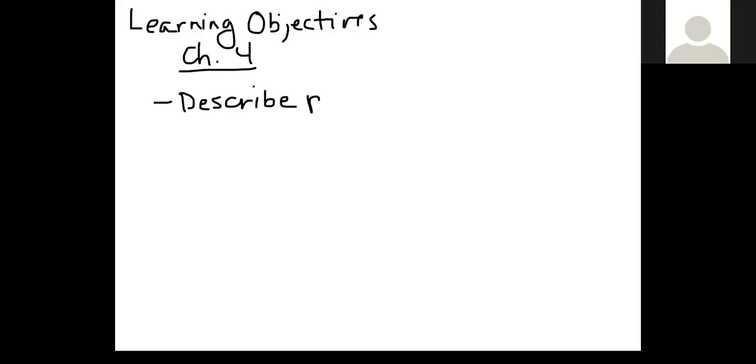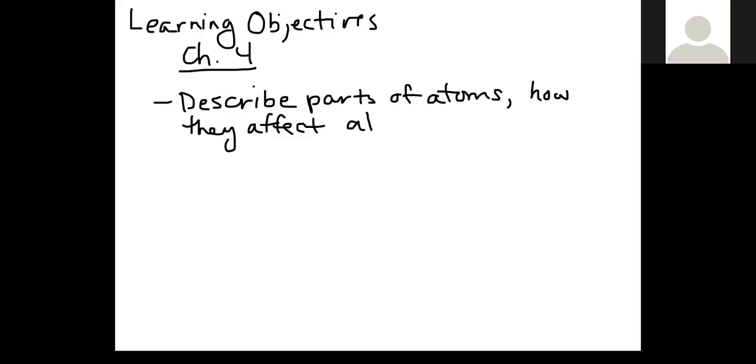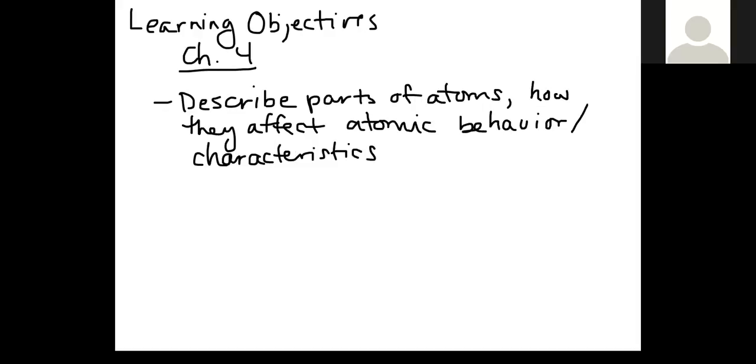So today we're going to talk about the parts of the atom and how they affect atomic behavior and characteristics. We're going to talk about how to read the periodic table.